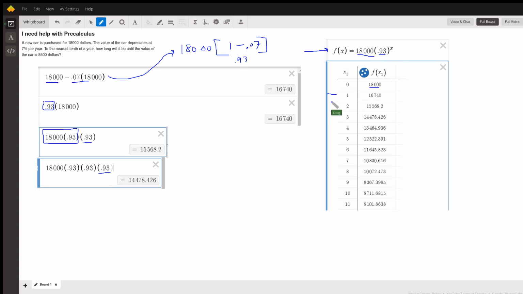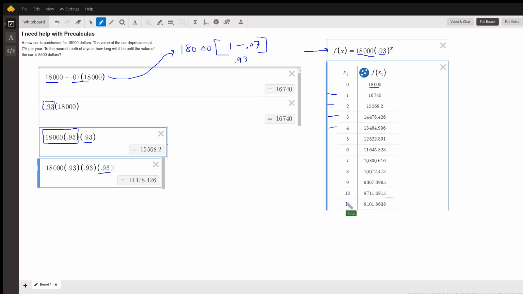And then here are the values of the car after 1, 2, 3, 4, and so many years. It's called exponential decay. We can see that it's going to reach 8,500 somewhere between 10 and 11 years.